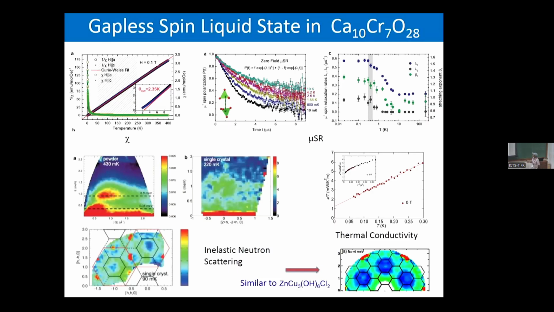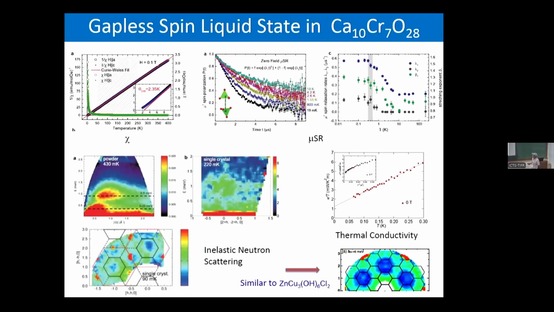And you can see this is 19 millikelvin, 2 orders of magnitude smaller than the exchange scale. And the relaxation rates become temperature independent below this 300 millikelvin or so, just like you would expect for a spin liquid.